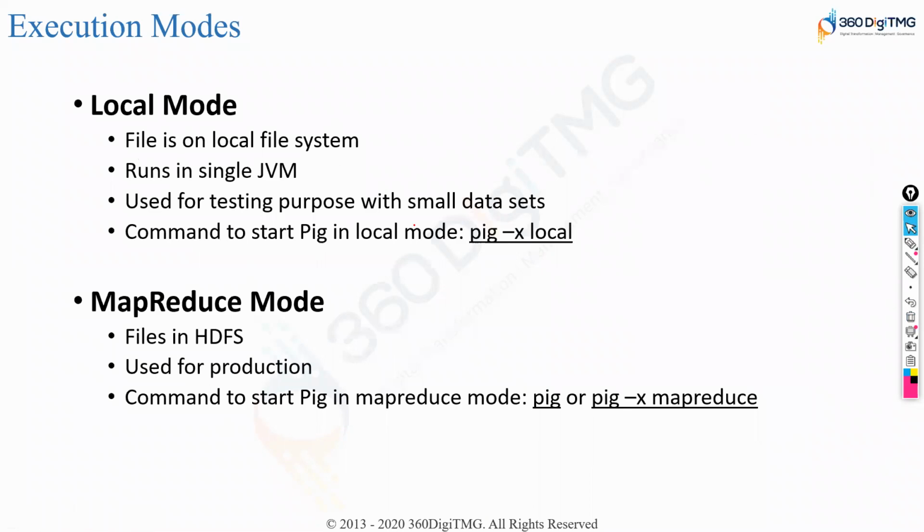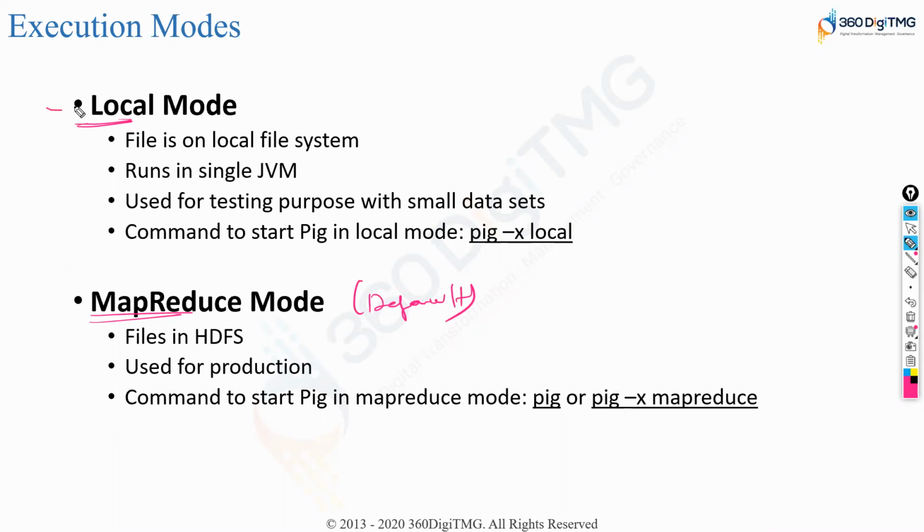Now, Apache Pig can be executed in local mode or MapReduce mode. This is the default mode. As I said, Apache, animal, right? The pig can be domesticated or can live in the wild.